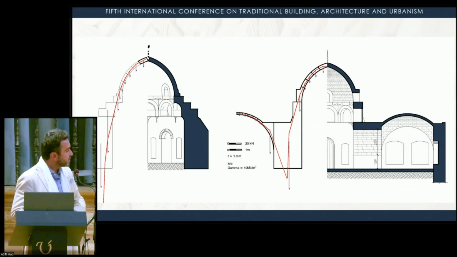Here you can see a 45 degrees section on the left to see the thrust and the forces, how it goes down through the squinch. On the right, a normal section to see the dome behavior and the forces.